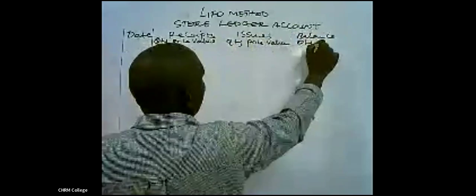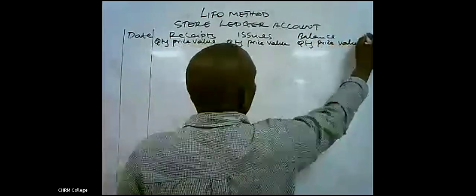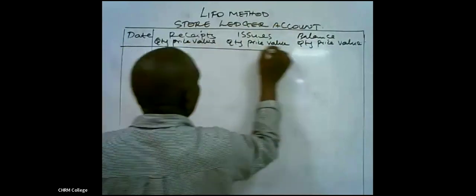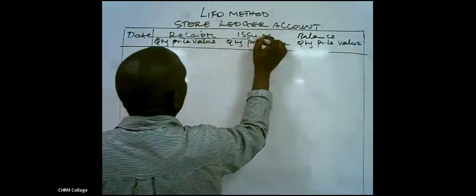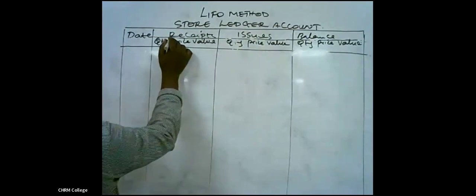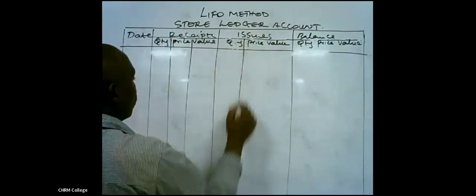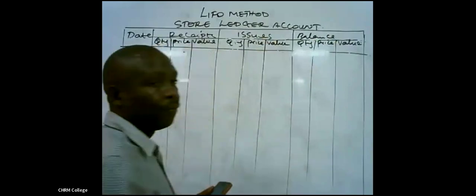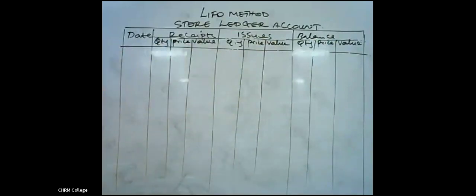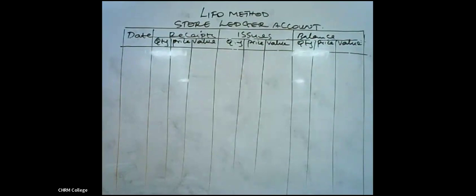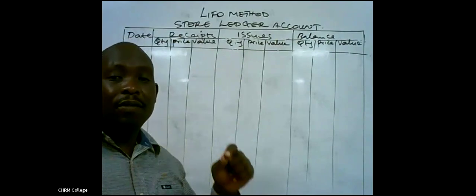The same here, quantity, price, and value. Whether it is LIFO, FIFO, weighted average or simple average, the stores ledger account will have those columns.